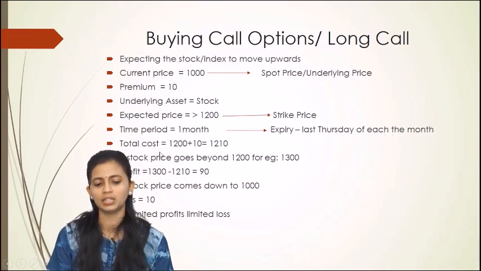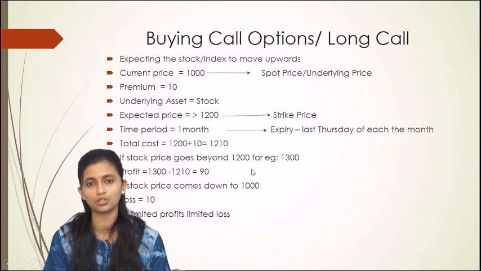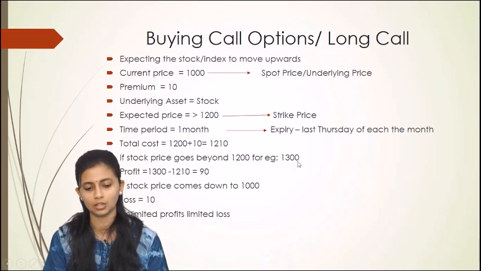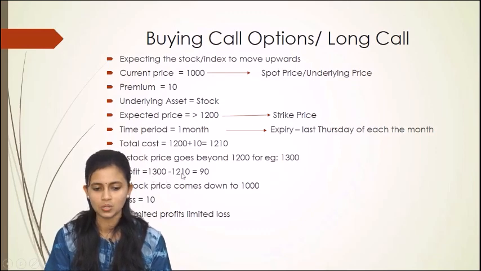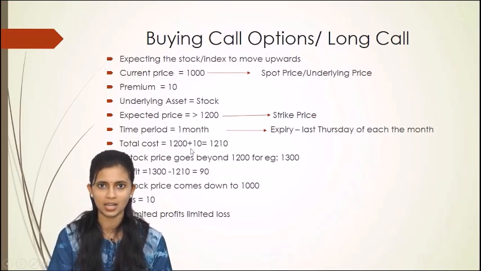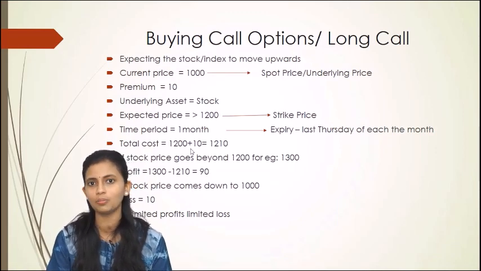Total cost of this particular contract is how much? 1200 strike price plus 10, that is 1210, will be the total cost of this entire contract. Now if the price goes beyond 1200, say up to 1300, then what is the profit that a buyer will make? 1300 minus 1210, that is 90, because 1200 is the strike price and 10 rupees premium you pay to get the right to buy that share.